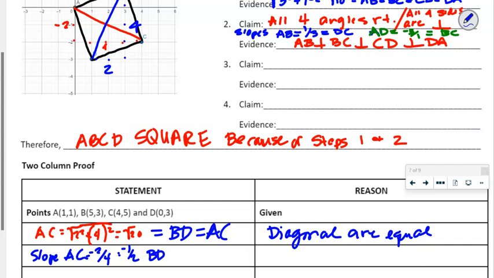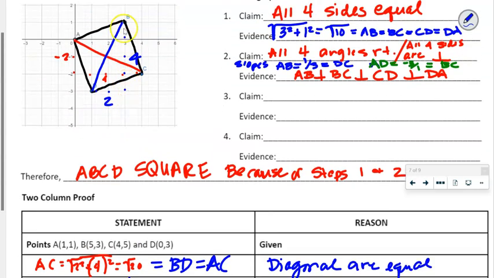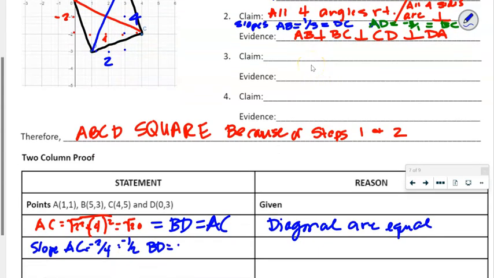BD, what's that slope? Let's look up here. BD was 4 up, 2 over, right? So that's going to be 4 divided by 2, which is 2. So what does that tell us about these slopes and these segments? That means AC is perpendicular to BD, right?